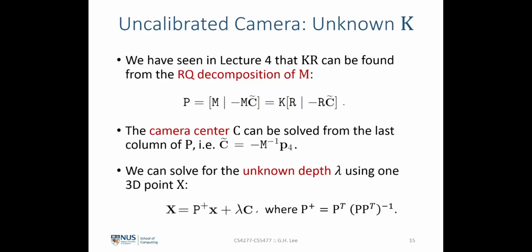And so after we have found the camera projection matrix P, we know that this is a 3 by 4 matrix, which is made out of the intrinsic values as well as the rotation and translation.